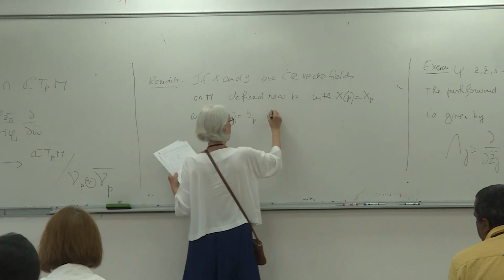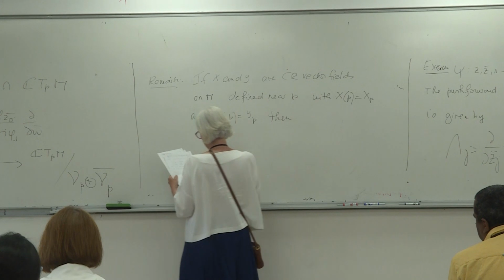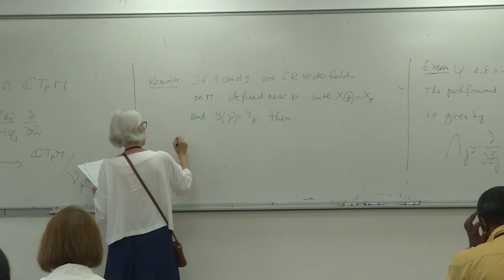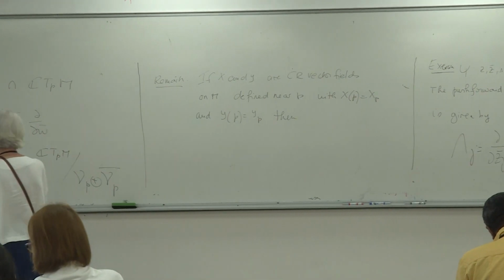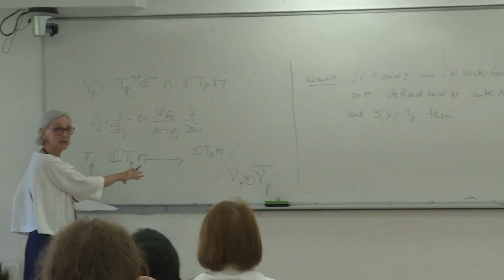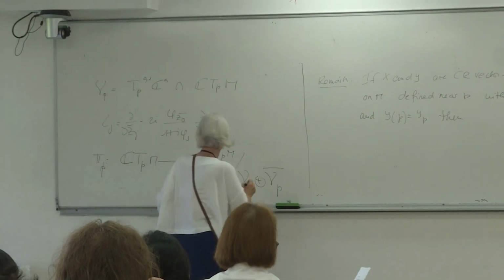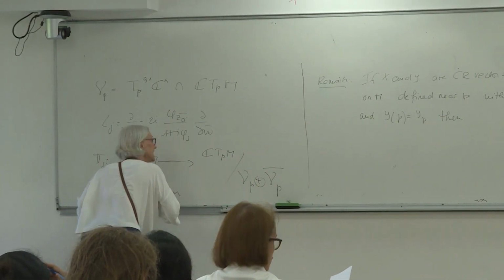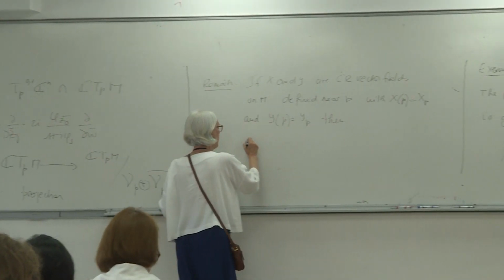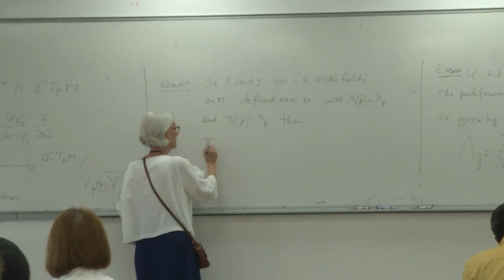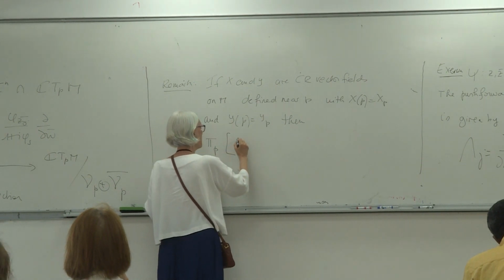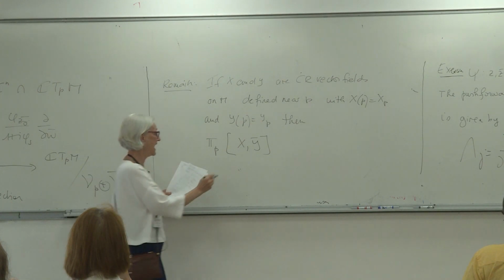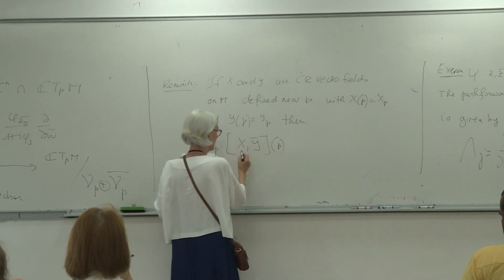Then if you consider this, this is a projection, I didn't say, this is a projection, okay? If you consider the projection map, then the projection of the bracket at p, you consider this guy.